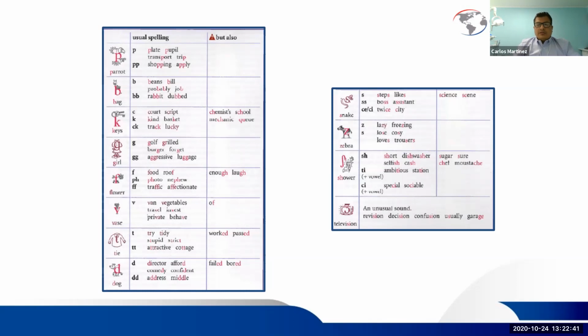Then we have the phoneme for the sound in shower. It can be represented by the letters sh or ti or ci, but it needs to be followed by a vowel. Notice ti plus a vowel, ci plus a vowel make the sound sh, like short, dishwasher, selfish, cash.